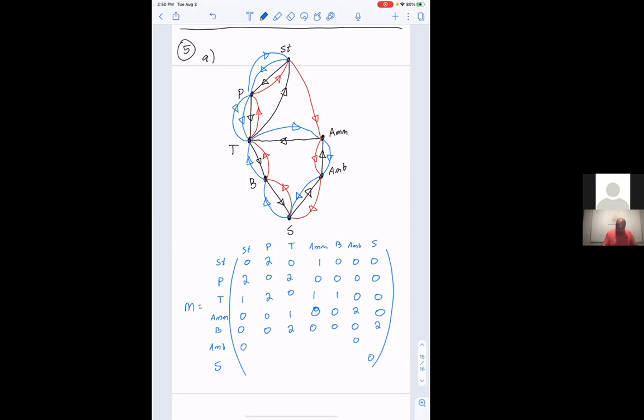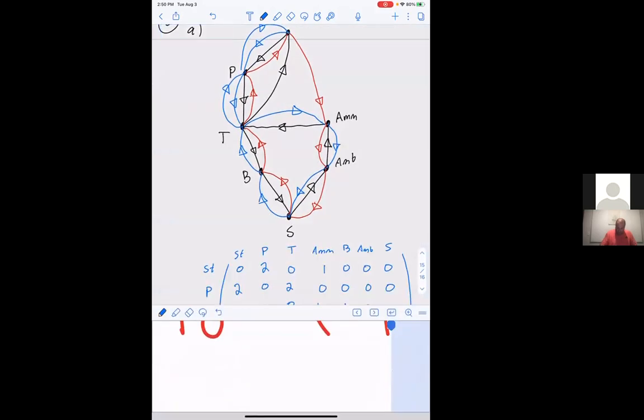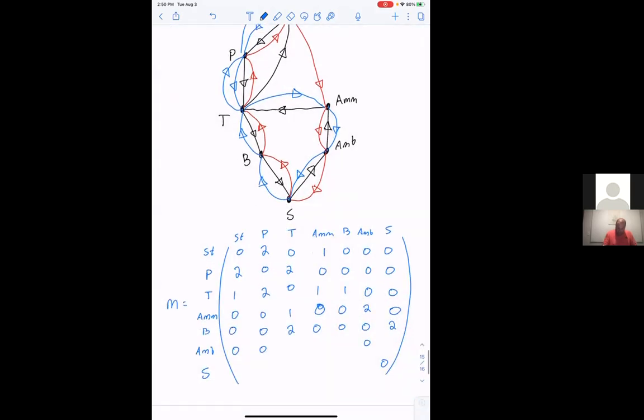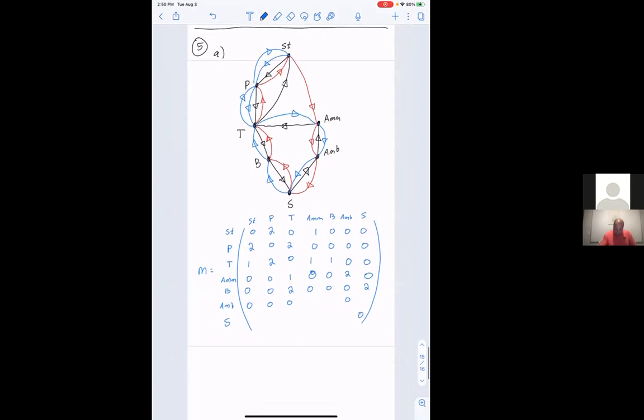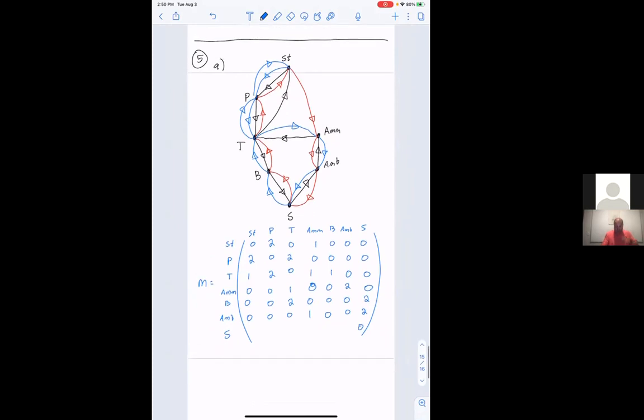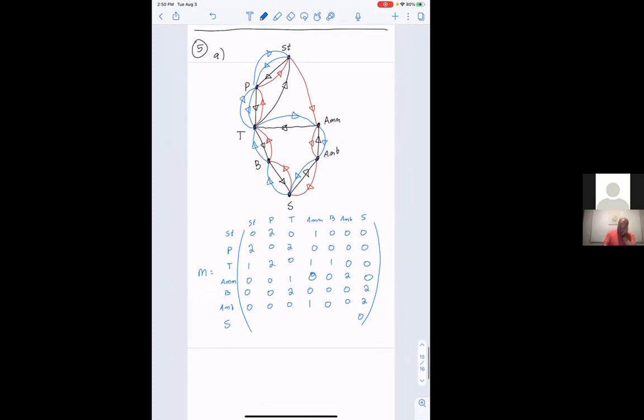Ambach does not go to Starnberg, does not go to Polsenhofen, does not go to Tutzing, does go to Ammerland once, does not go to Bernried, and goes to Seeshopt twice. And meanwhile, Seeshopt does not go to Starnberg, does not go to Polsenhofen, does not go to Tutzing, does not go to Ammerland.